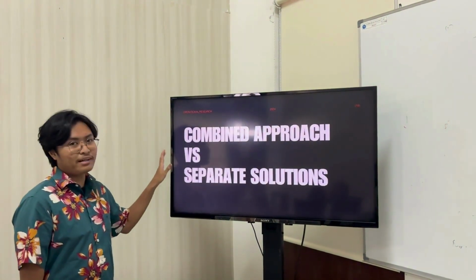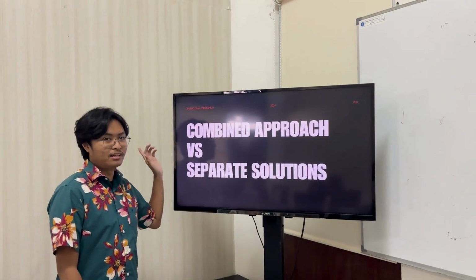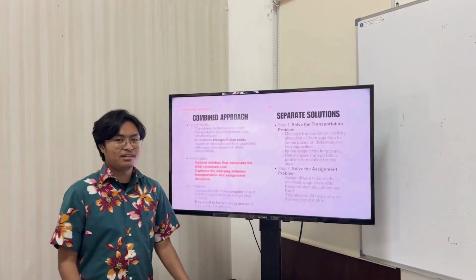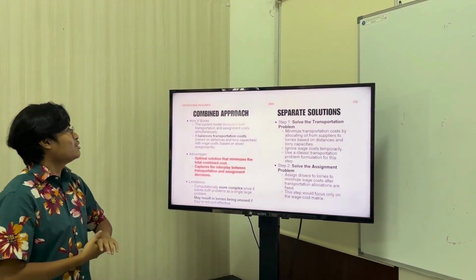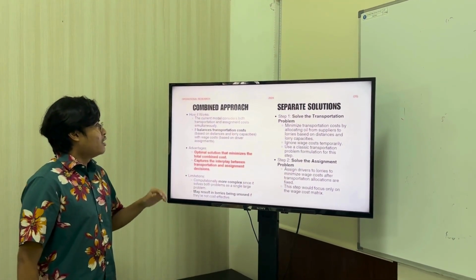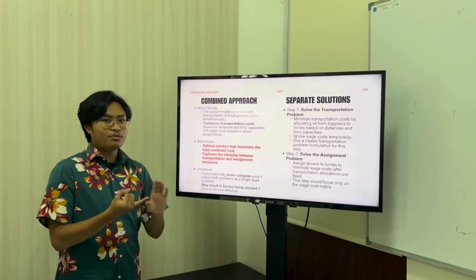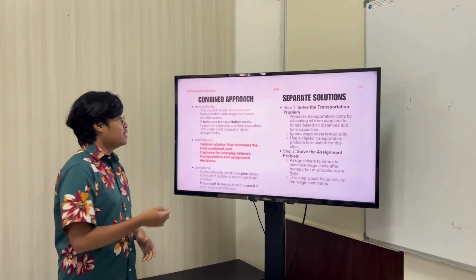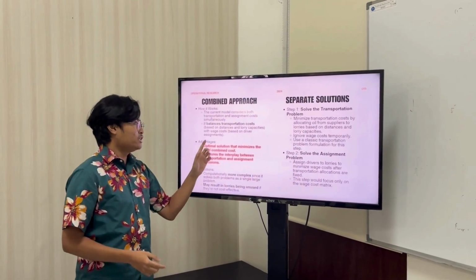So this is the comparison between the combined approach, which is the linear programming with the help of AI, and the separate solutions that we used before. In the combined approach, the model considers both the transportation and assignment costs simultaneously, which results in balanced transportation costs and wage costs.